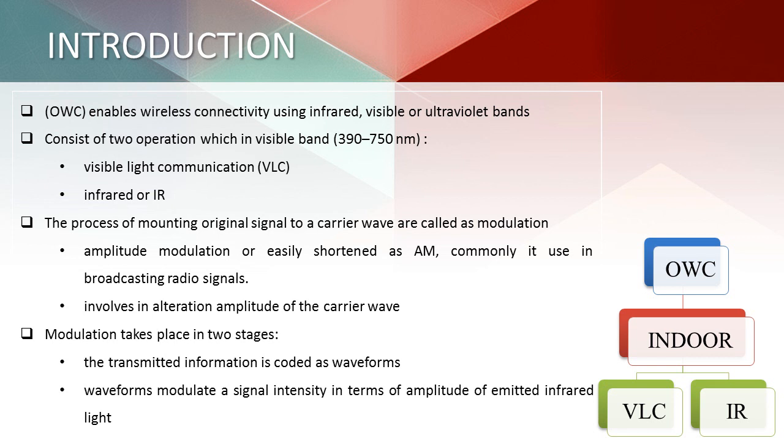It involves altering the amplitude of the carrier wave, where the amplitude of the carrier wave varies proportionally according to the input signal. It has low sound quality but can travel over a long distance. Modulation takes place in two stages. First, the transmitted information is coded as a waveform, then the waveform modulates the signal intensity, in terms of amplitude, of the emitted infrared light.